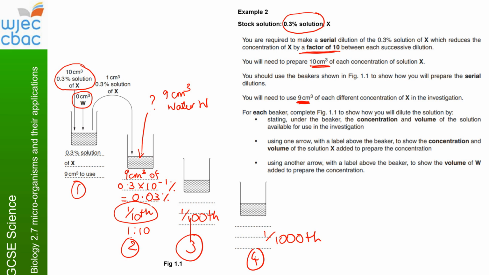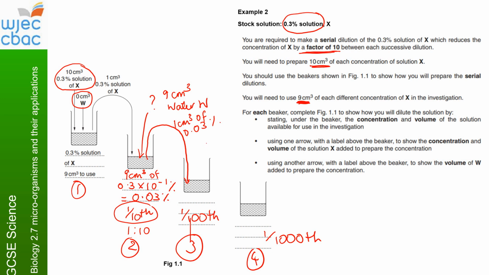So it is really this simple. All we're going to do is take 1 cubic centimetre from our beaker 2, our 0.03% or 0.3 times 10 to the minus 1.